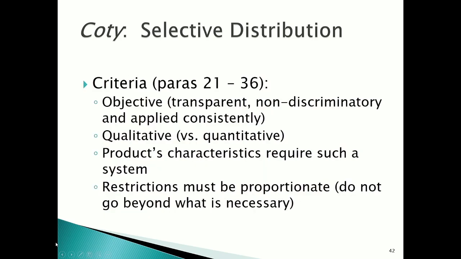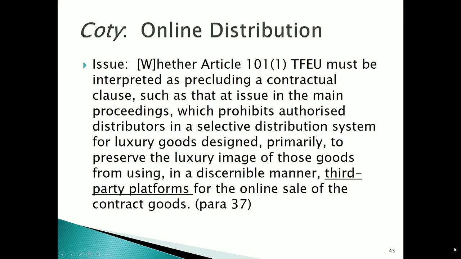The criteria need to be, the same Pierre Fabre cases. And the issue here in Coty was the distribution of Coty perfumes using third-party platforms, which is, third-party platforms is whom?